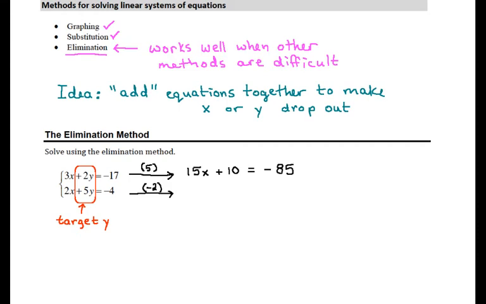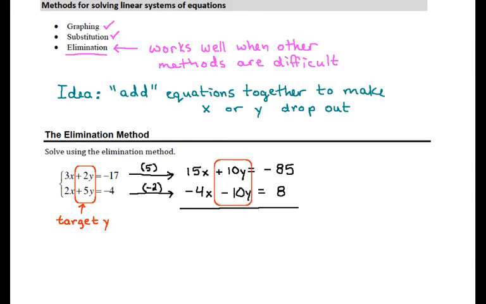Multiplying each term in the second equation by negative 2, I then get negative 4x as my first term, negative 10y in my second term, and negative 4 times negative 2 is positive 8.